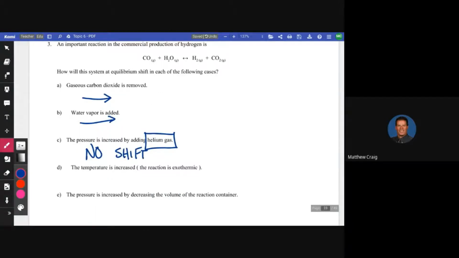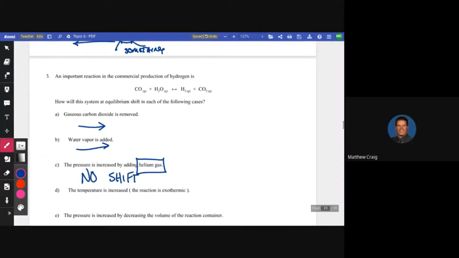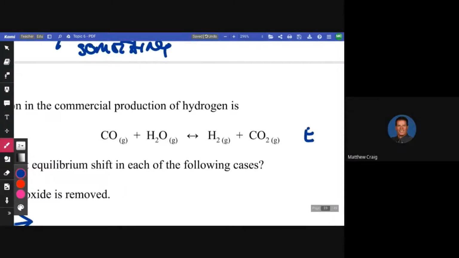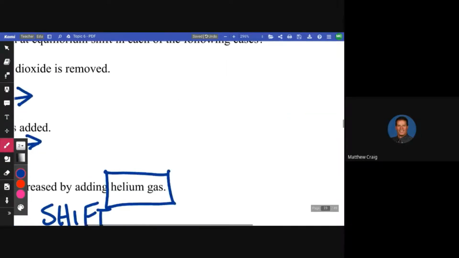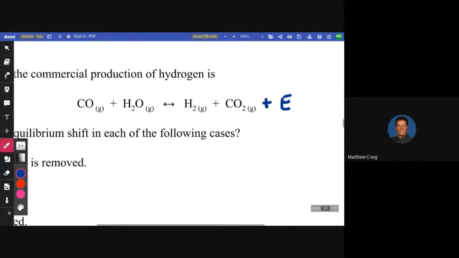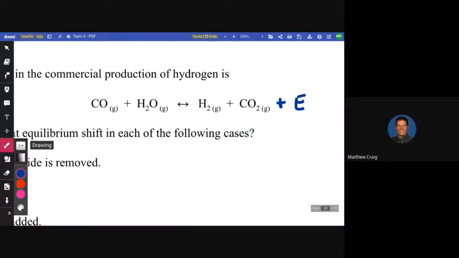The temperature is increased, and it says that the reaction is exothermic. So since the reaction is exothermic, which means that heat is a product, and we're increasing the temperature? Yes, we're increasing the temperature. So it's like I'm adding more hydrogen or more carbon dioxide. Treat energy like a reactant or a product, respectively.